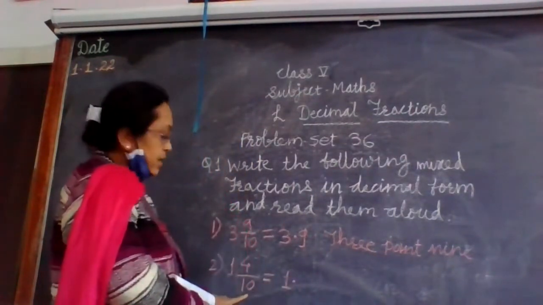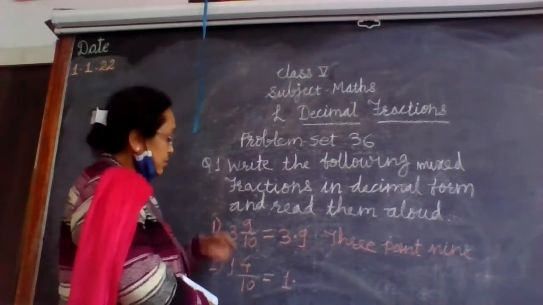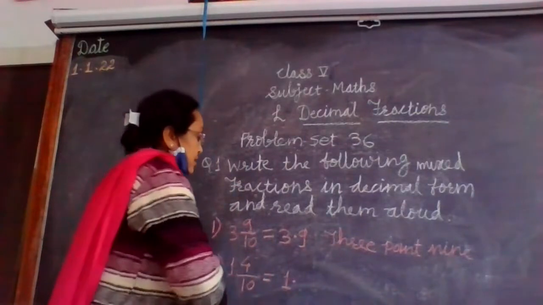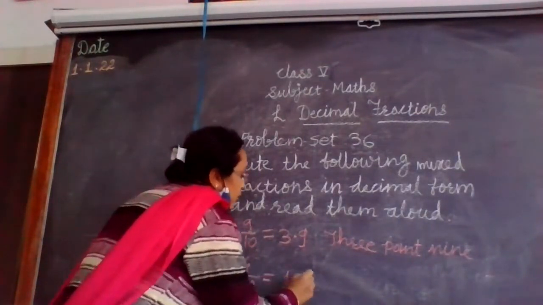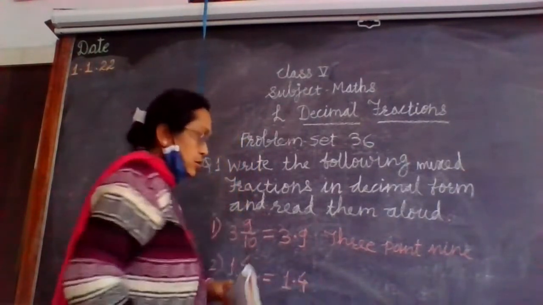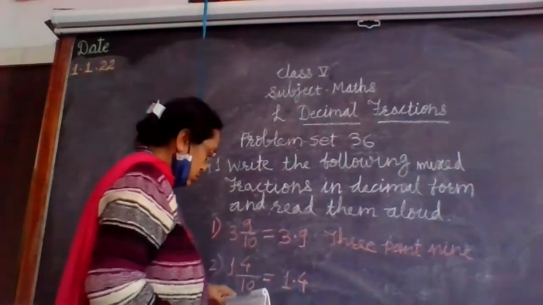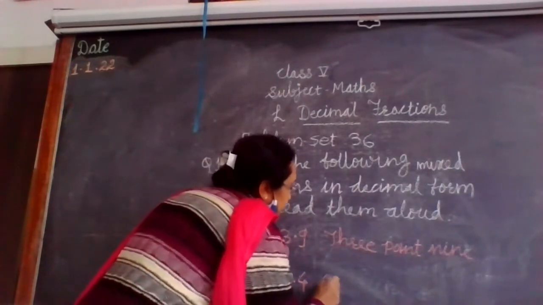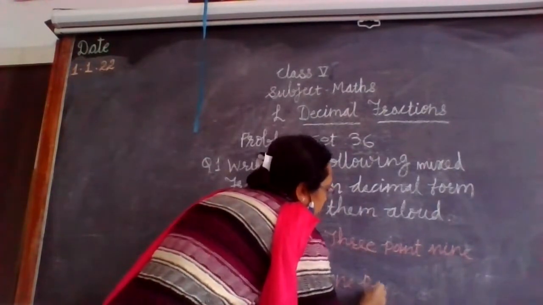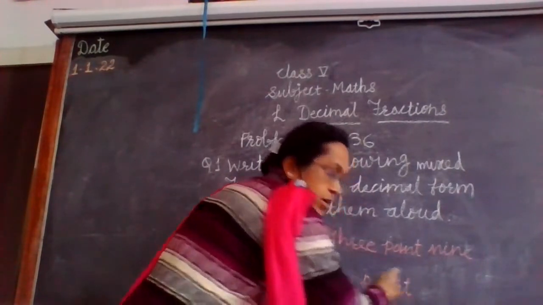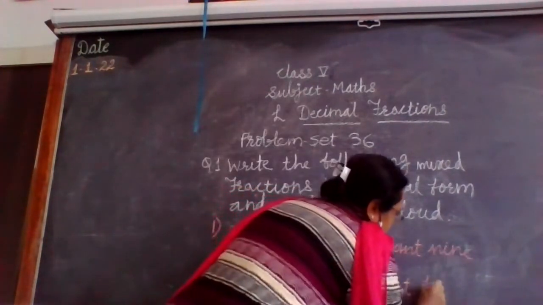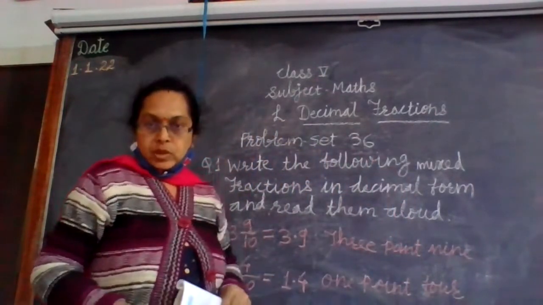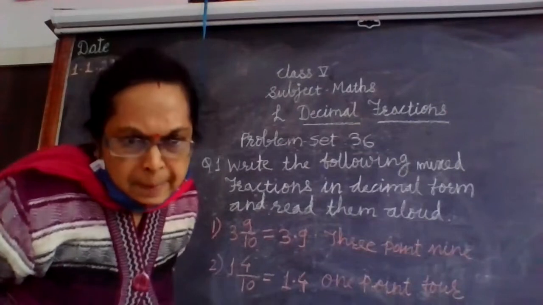As there is 10 in the denominator, we will write only one place after the decimal point, that gives 1.4. So we will read it as 1.4.